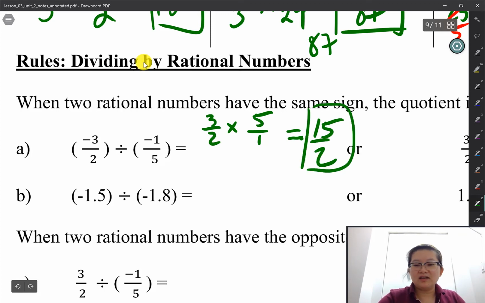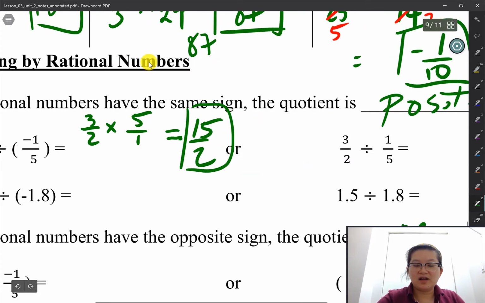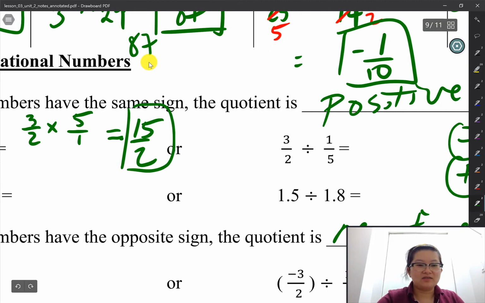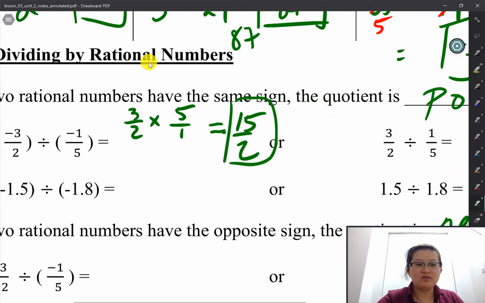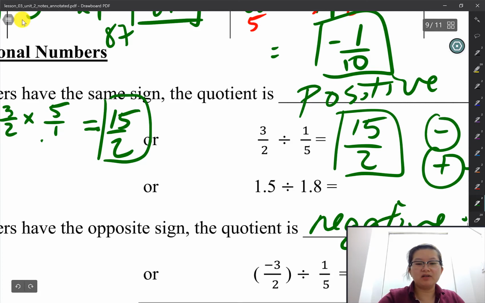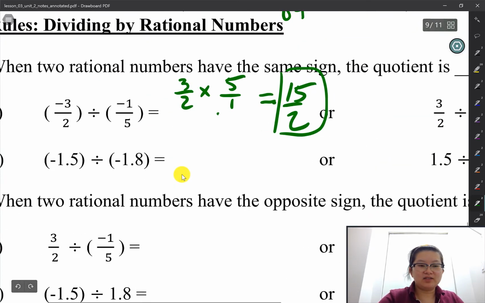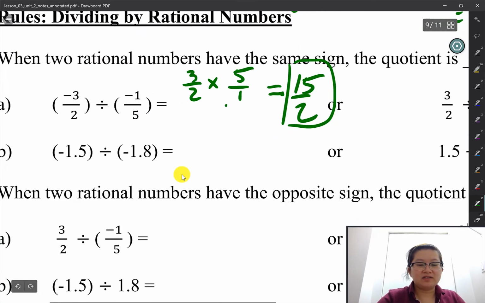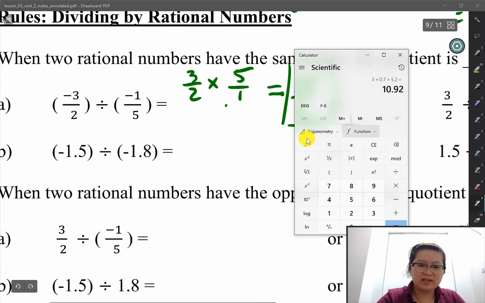Okay, and I think all these numbers are the same here. They're all the same. Great. So this is also 3 over 2 divided by 1 over 5. It's exactly the same as before, the same numbers, except I'm working with two positive numbers. And last but not least, with this decimal here, to be honest, for a decimal, I would just go ahead and put it in the calculator.